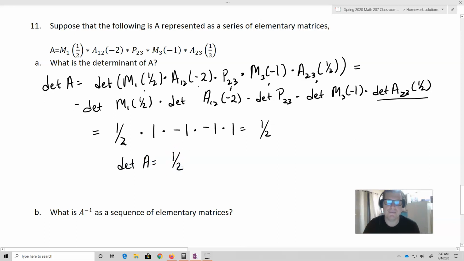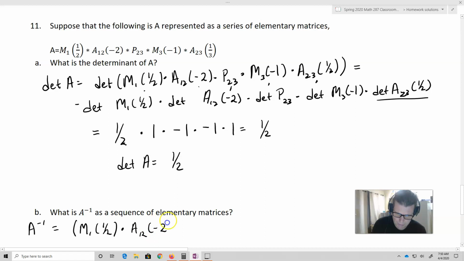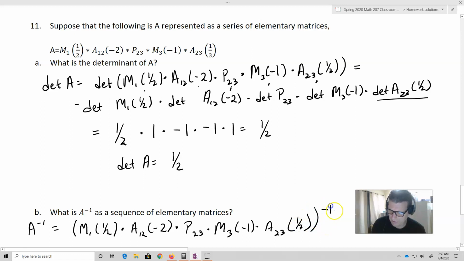Yay. Okay, cool. Now, what is A inverse as a sequence of elementary matrices? So to find A inverse, A inverse is going to equal the inverse of all of these guys: M1 1/2 times A12 negative 2 times P23 times M3 negative 1 times A23 1/3. Okay, that inverse.